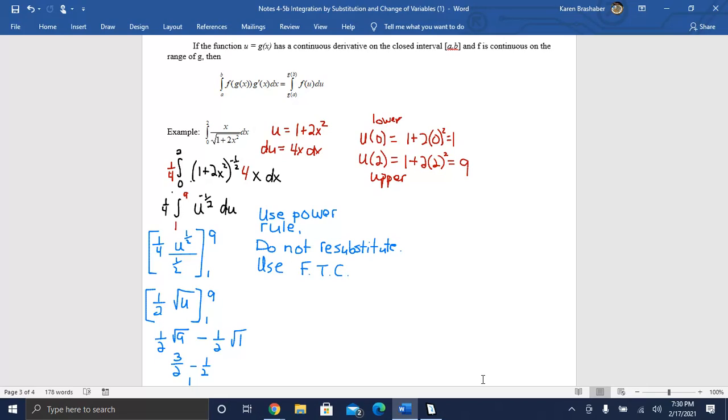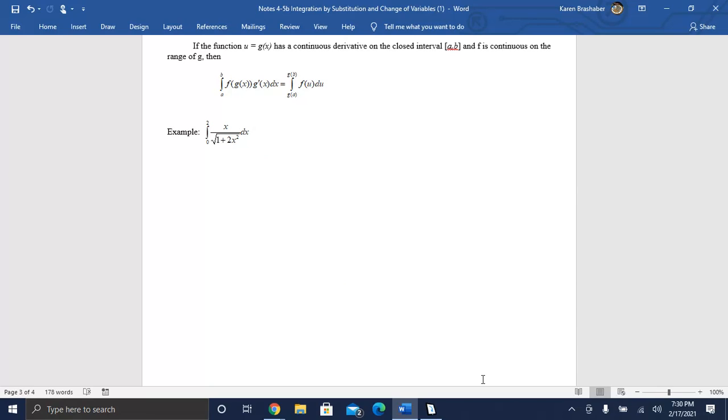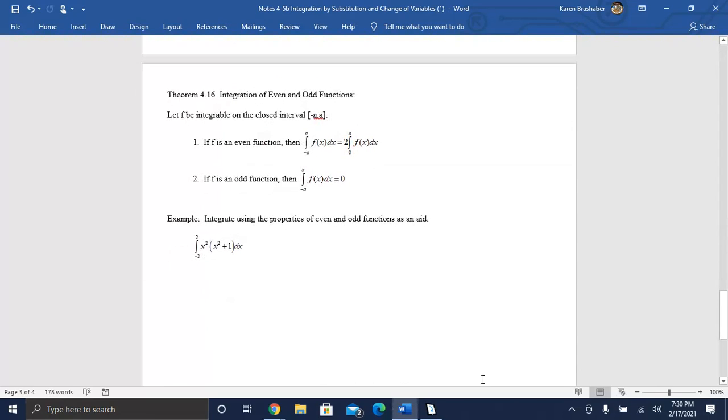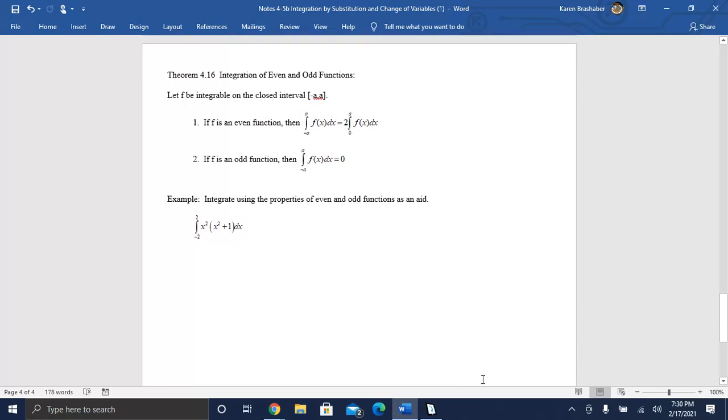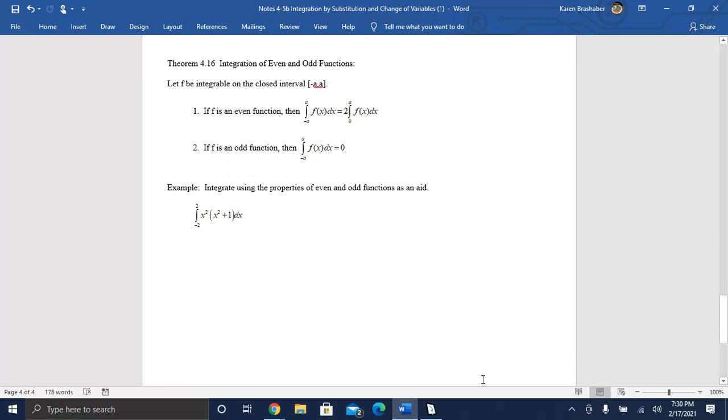I have one last little theorem that I'm going to share with you about even and odd functions. This is just a time saver for you that we're going to throw in.